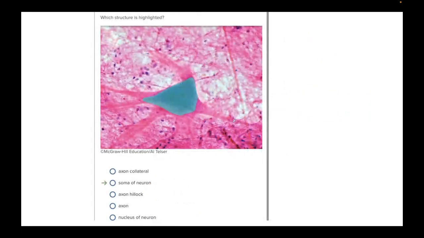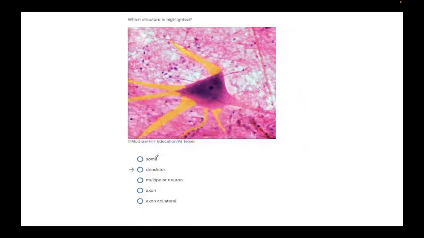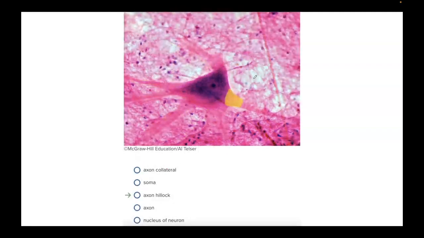Okay, when we look at this picture, this is a neuron, but the highlighted section in the middle, that's the cell body or the soma. Now, what are these little grainy-like structures within the cell body? Those are the Nissl bodies. What are the branches off of the cell body? Those are the dendrites.